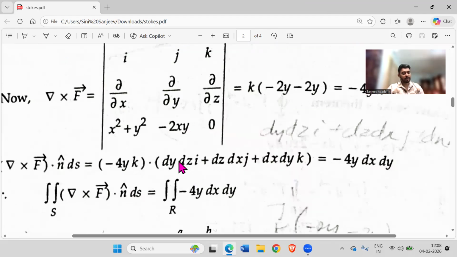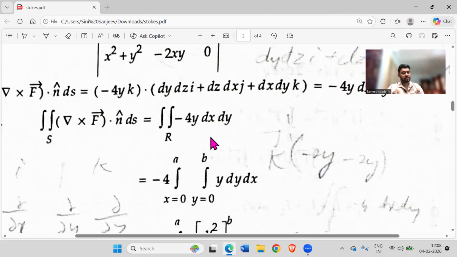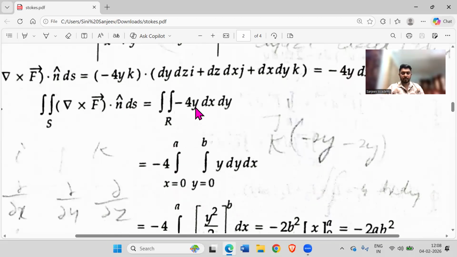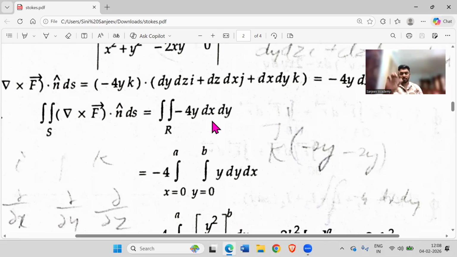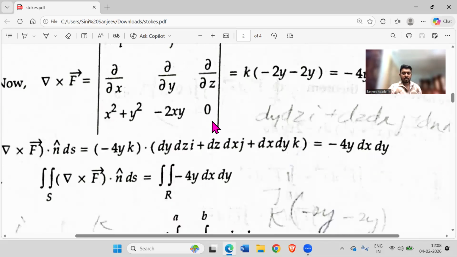Then you put that in the double integral and put the limits. If you're integrating with respect to x first, what is the limit varying from? 0 to b and 0 to a. With respect to y I am integrating, that's the reason y varies from 0 to b, as given in the question itself.